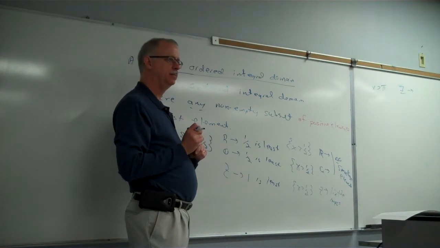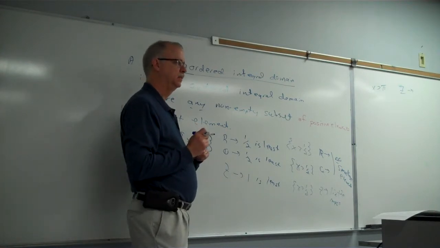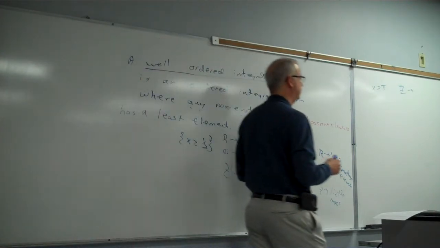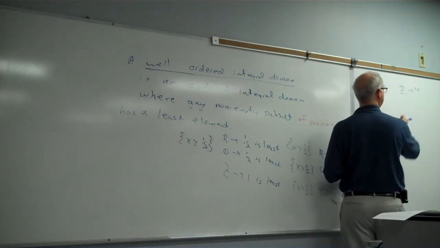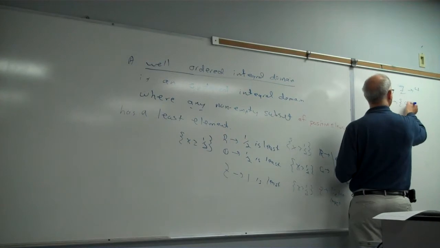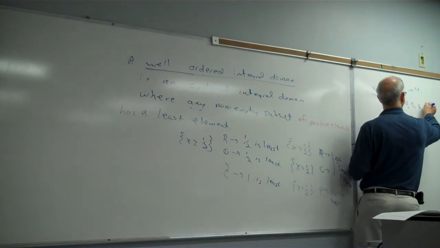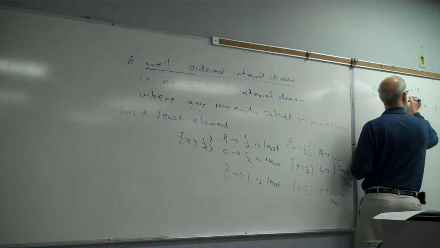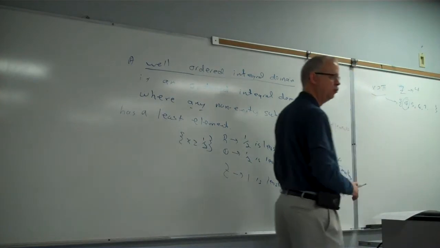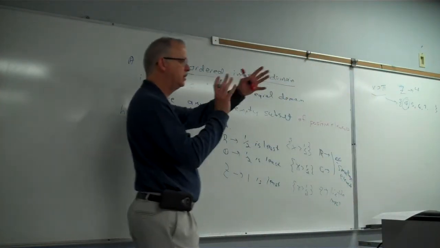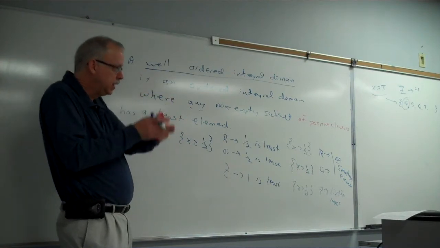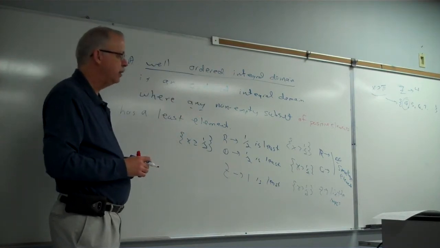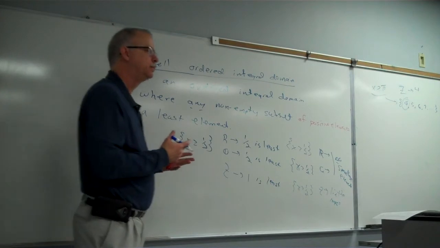The least element? Yeah. And it's 4. In fact, probably rather than using that description, if we were talking integers, we would start with the smallest element and work our way up. But there would be a smallest element. And normally if we write a set of positive integers, then that's the way we'd write it. We would start with the smallest element, kind of demonstrate the pattern, and work our way up.